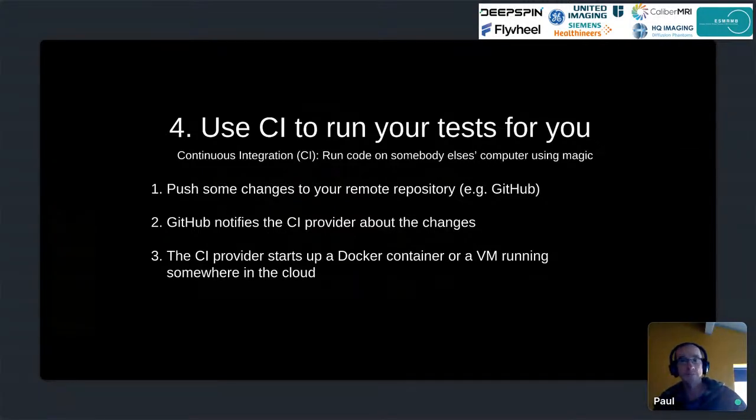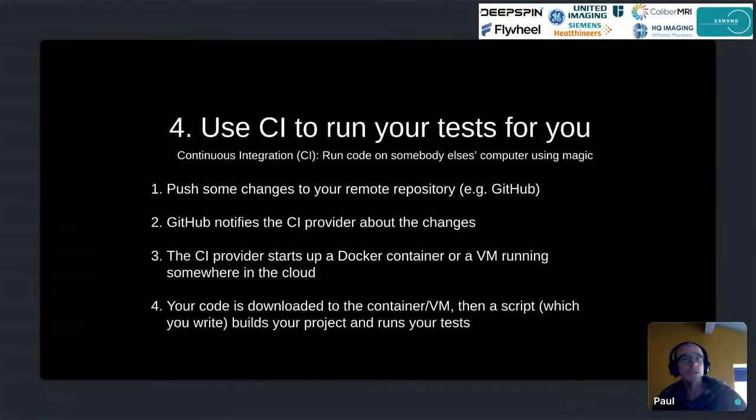It's possibly even a physical machine if you, for example, need to run tests on macOS, or if you need to use a GPU to run your tests. Then your code is cloned to the container or VM, and the CI provider is going to run a script which you have prepared, which sets up your environment, installs dependencies, builds your project if necessary, and then runs your tests.